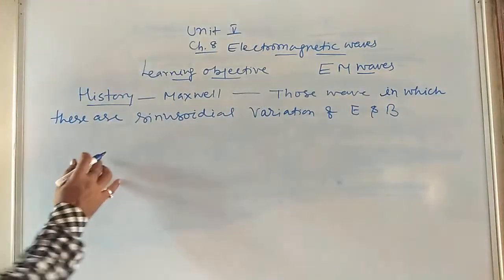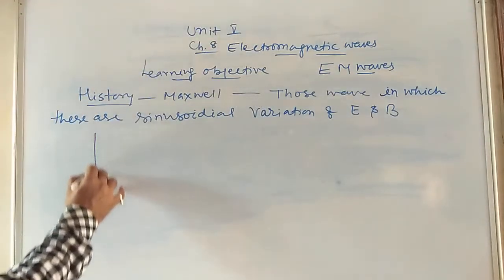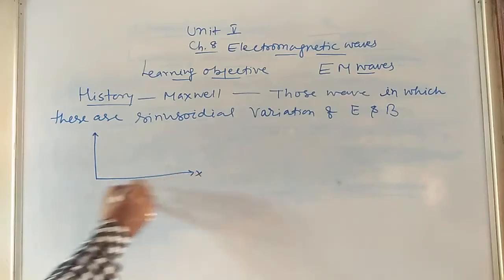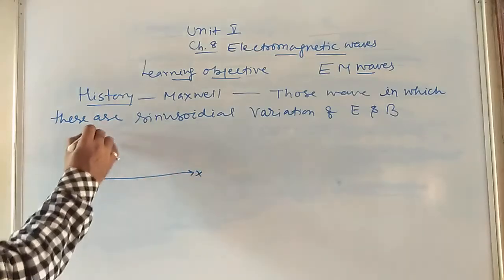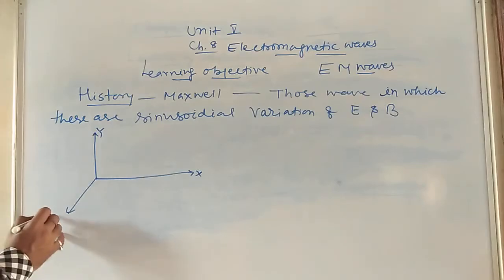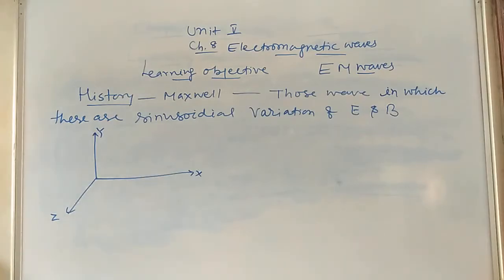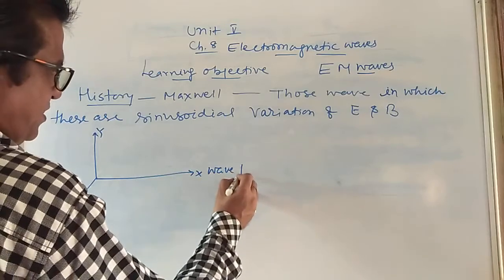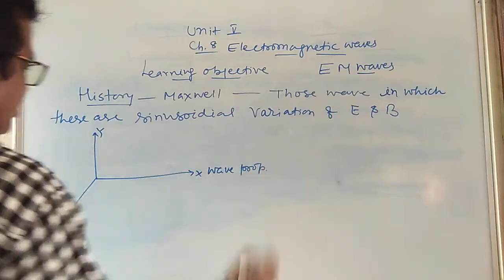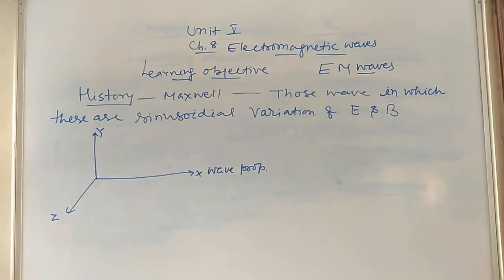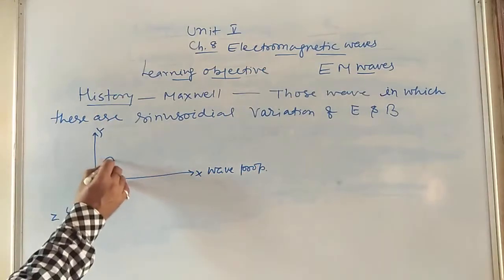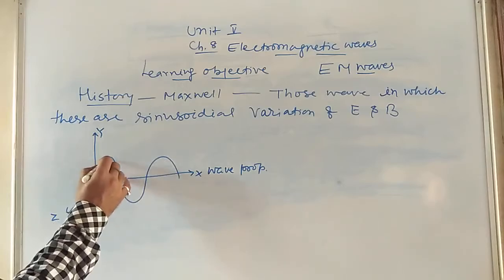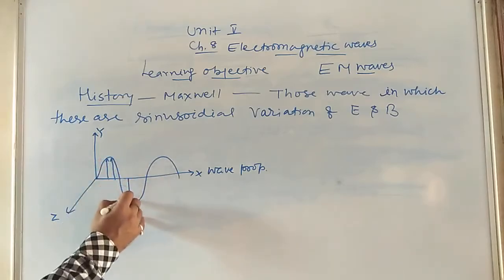Here you see the diagram. Say here it is the x-axis, here it is the y-axis, and here it is the z-axis. The wave propagation is along the x-axis. The electric field vectors are supposed to be like this, say along the y-axis.